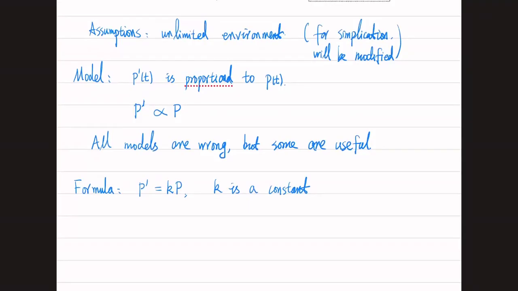If k is positive, as in our virus case, we have growth. If k is negative, we have decrease. Two different models.